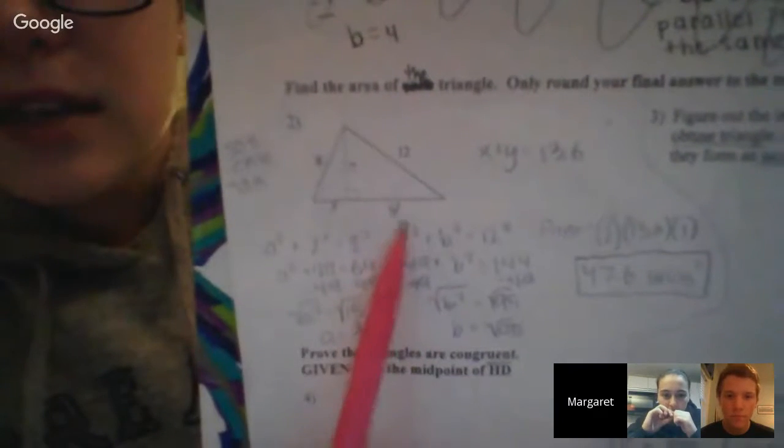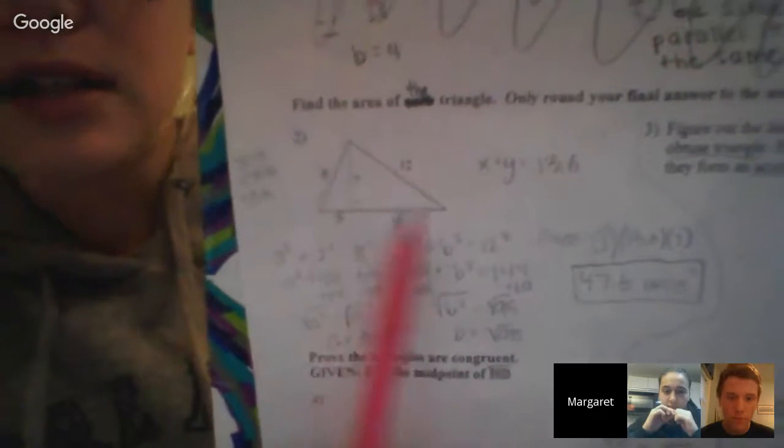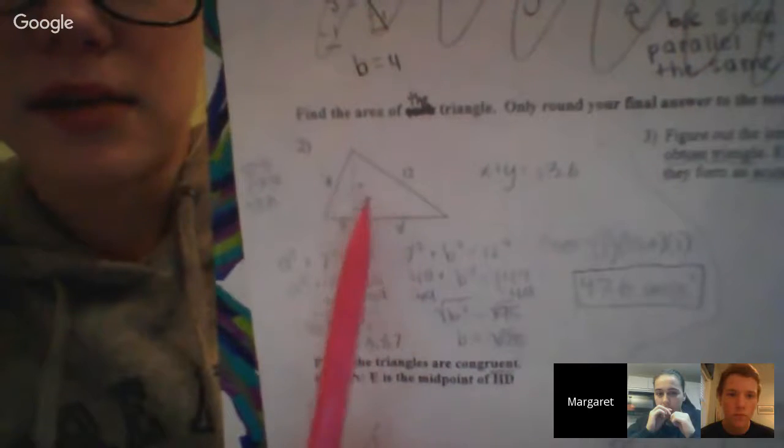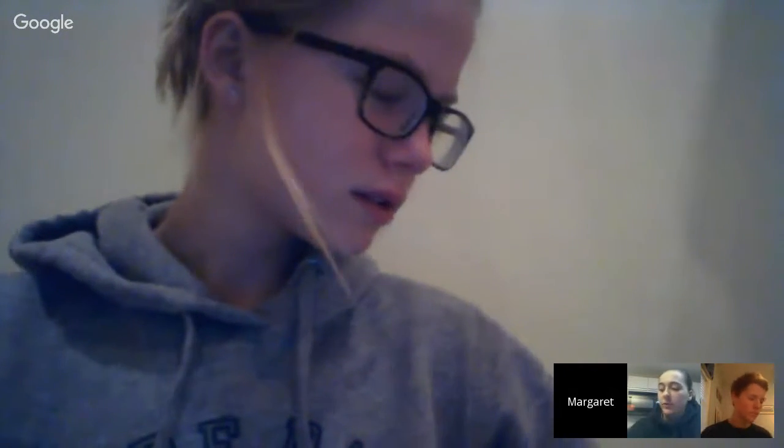What I did is I added up both of the bottom. Wait, I don't know if you can see this, but I found this and then I found this, and so I added them up and then I did half of this times this was the area, but I guess there are different ones. I just found what x and y were.